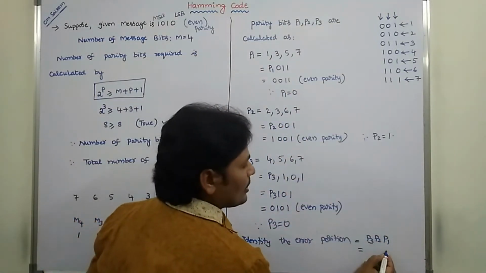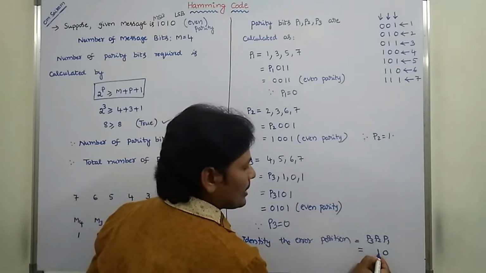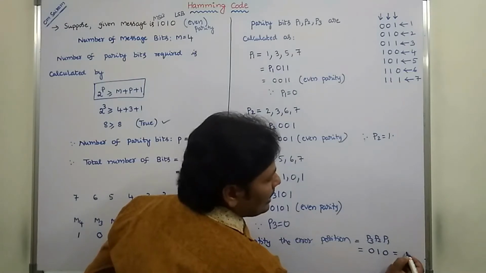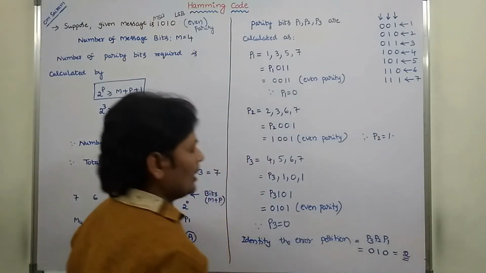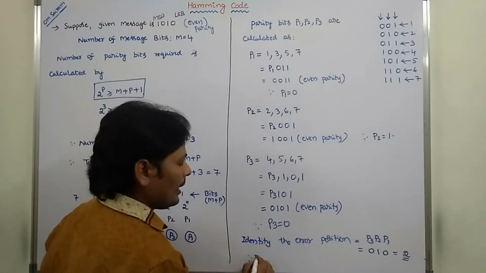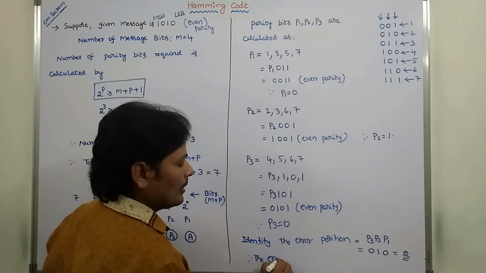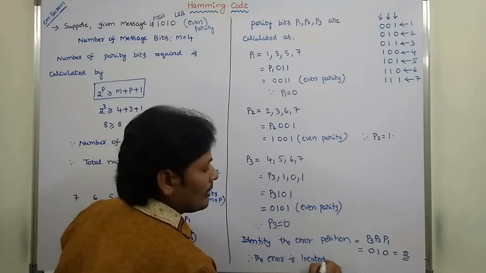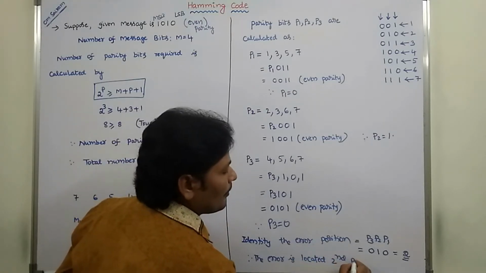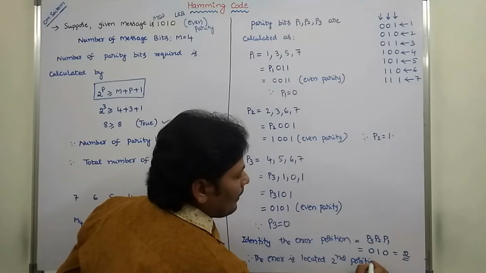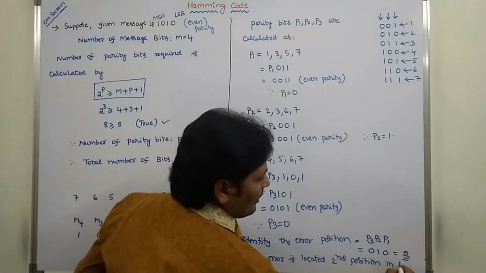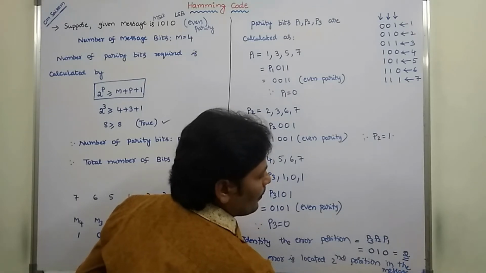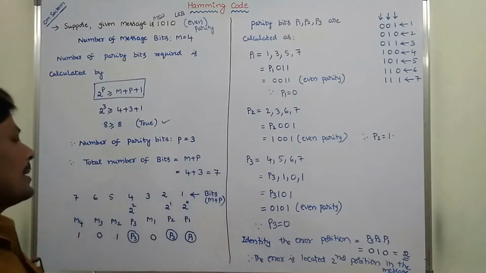P1 value is 0, P2 value is 1 and P3 value is 0. What is the decimal equivalent? That is 2. Okay. So the error is located at the second position. Second position in the message.